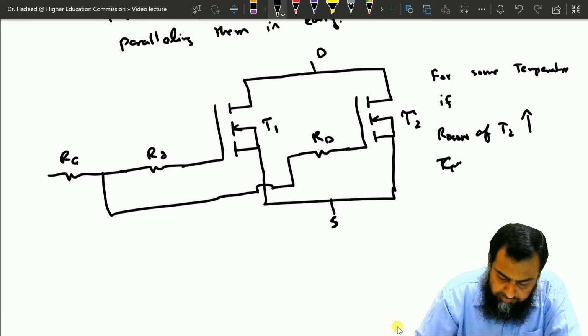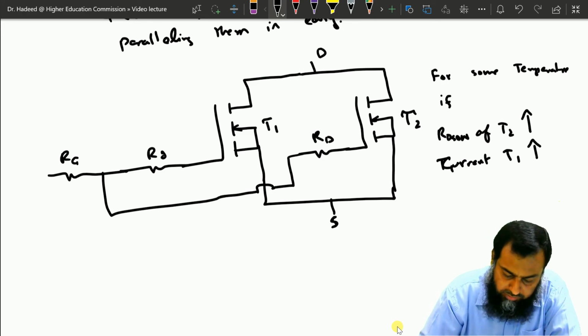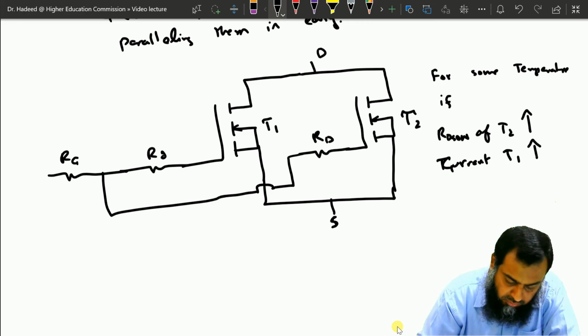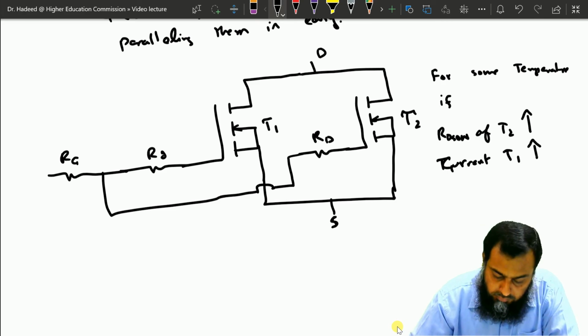Then the current through T1 shall also rise, because T2 now has a higher channel resistance, therefore more current shall flow through T1.